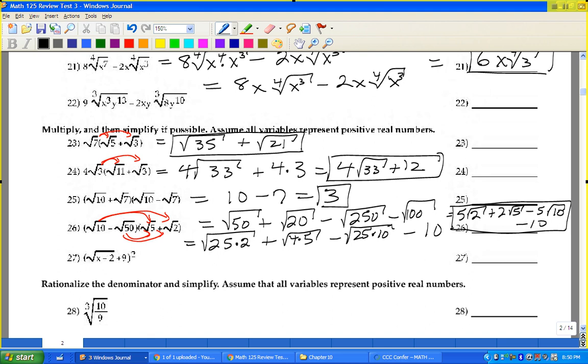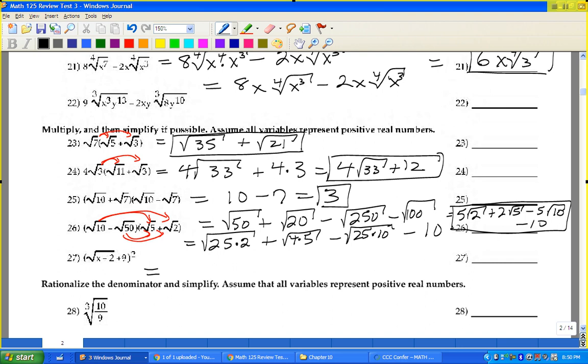Okay, let me do problem number 27. And so I'll use the special product formula. A plus B quantity squared is A squared plus 2AB plus B squared.